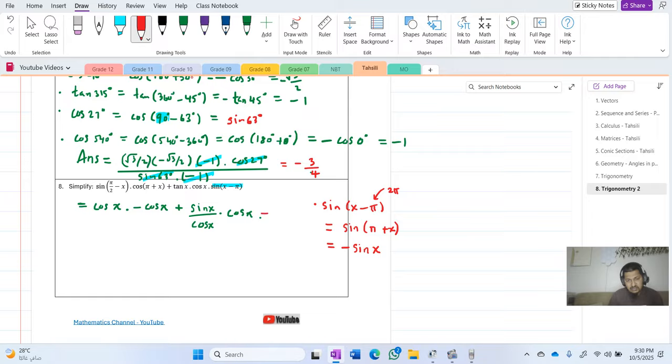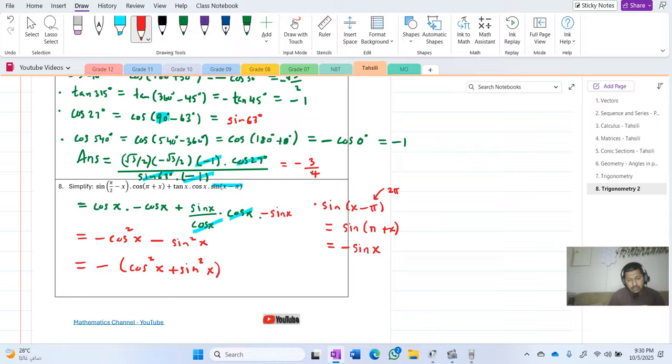Negative times positive is negative, and cos cancels out. We got negative sine squared x. I can take out a negative 1, so I'm left with cos squared x plus sine squared x, and I know cos squared plus sine squared is 1, so my final answer is negative 1. I hope you guys are understanding. Moving on to the next question.